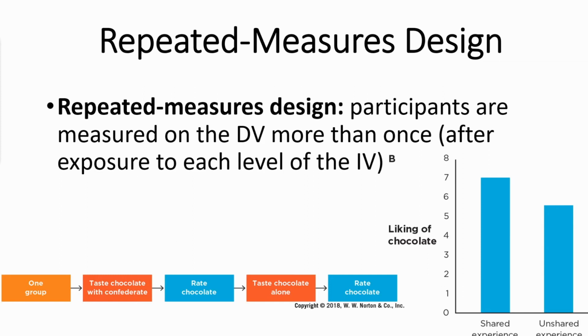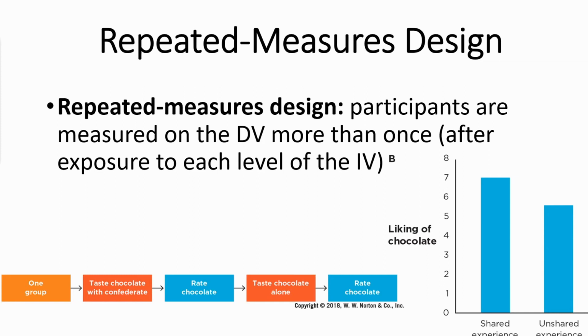And the participants were told that the two chocolates that they would be sampling were different. But, of course, it's an experiment, so the two chocolates were exactly the same. The only thing that was differing was how the participant was experiencing the chocolate. So in the first exposure, they would taste the chocolate while the confederate was in the room.